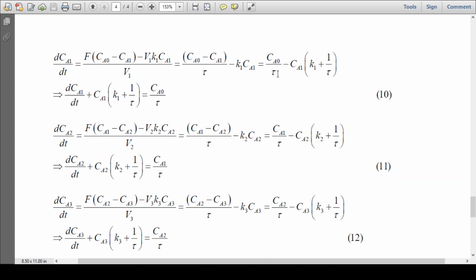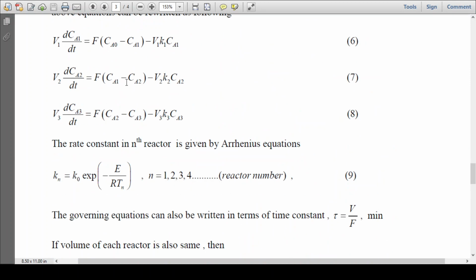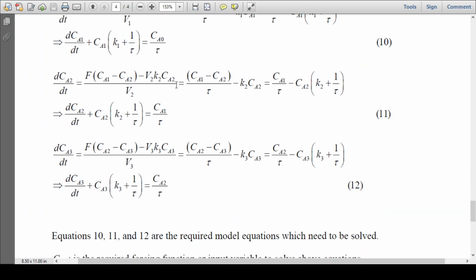So we will end up with this equation: dCA1/dt equals CA0 upon tau minus CA1 (K1 plus 1 upon tau). You can rearrange it as dCA1/dt plus CA1 (K1 plus 1 upon tau) equals CA0 upon tau. Then for reactor 2, we can divide equation 7 by V2, and we get this equation.